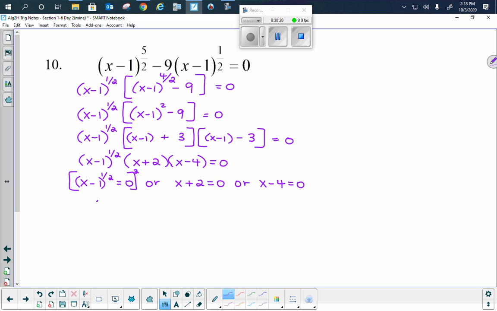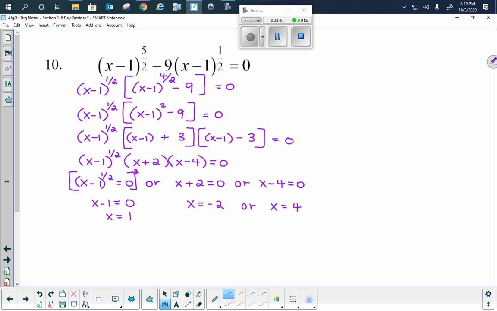That'll give me x minus 1 equals 0 squared is 0. Looks like I'll get x equals 1. I raised it to a power, so I'm going to have to check that one. If I go over here, I'll get x equals -2. I didn't do anything fancy there. I don't need to check that answer. Or x equals 4. Again, nothing fancy there. I do not need to check that answer.